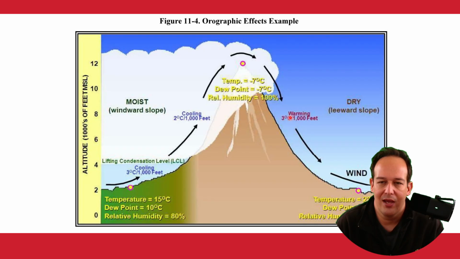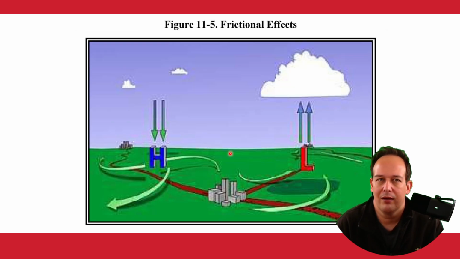You'll see that the temperature increases, and now it's just all dry. On the leeward side of a mountain, that's where you're more likely to get more arid conditions, possibly even deserts. So other ways that clouds can form is through frictional effects.